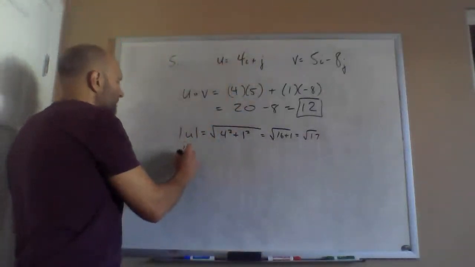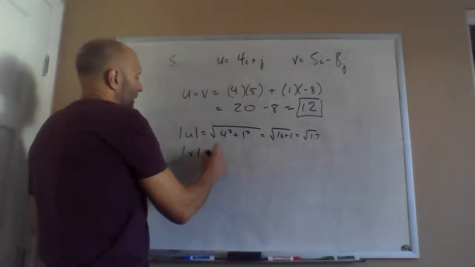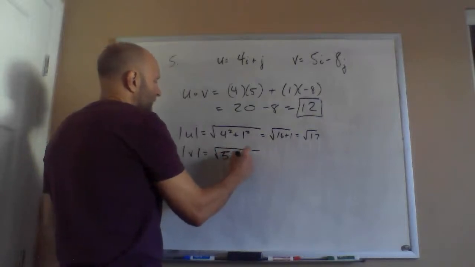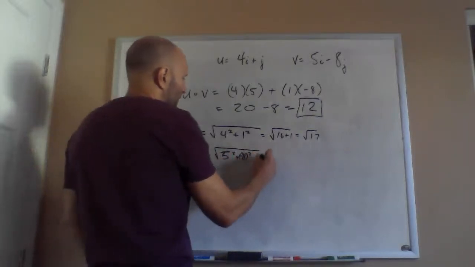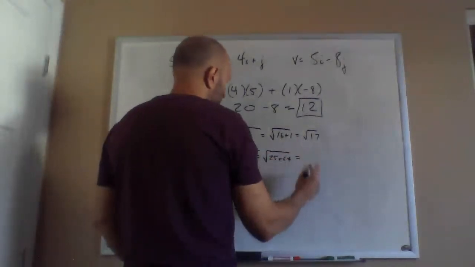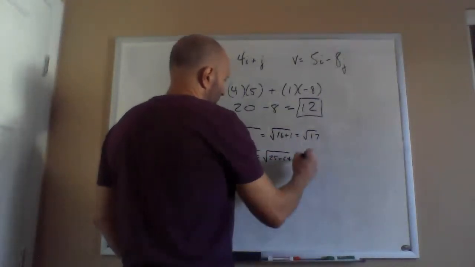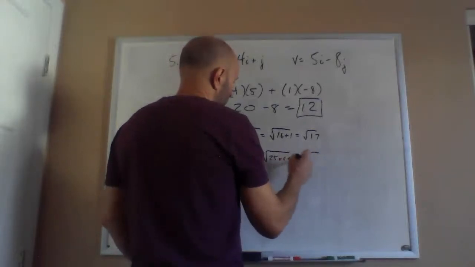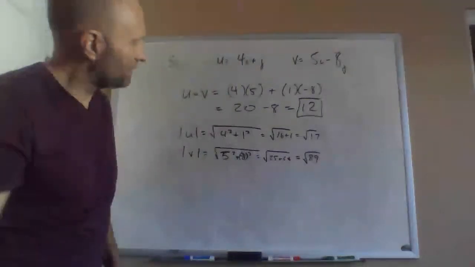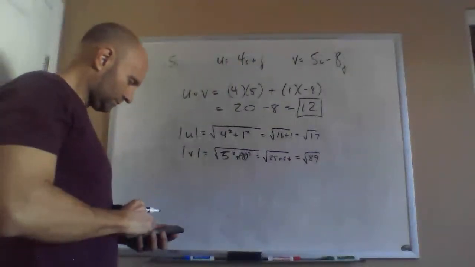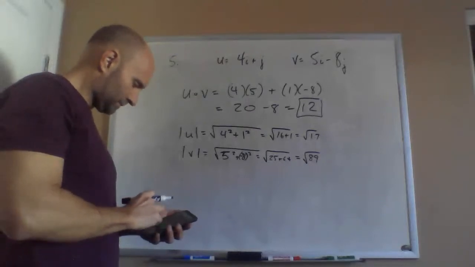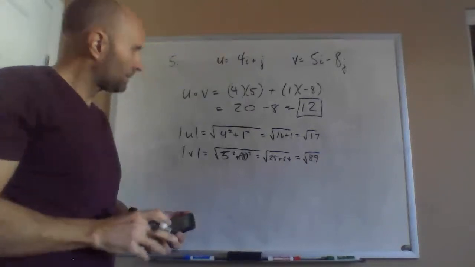And then for v, we have the square root of 5 squared plus -8 squared. So square root of 25 plus 64 gives us what? Square root of 89. That divide evenly. Oh, okay.